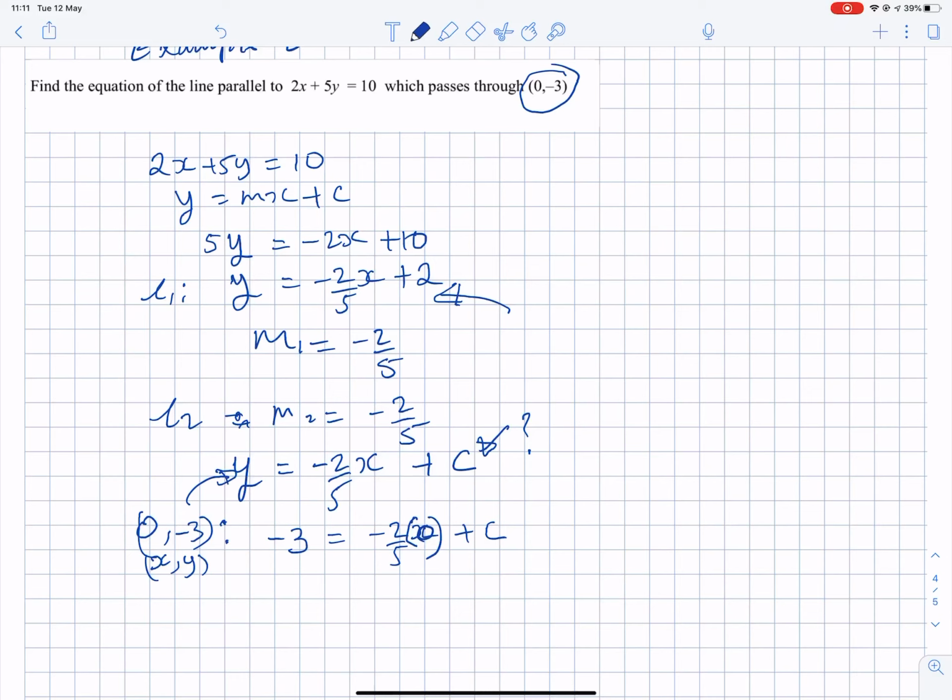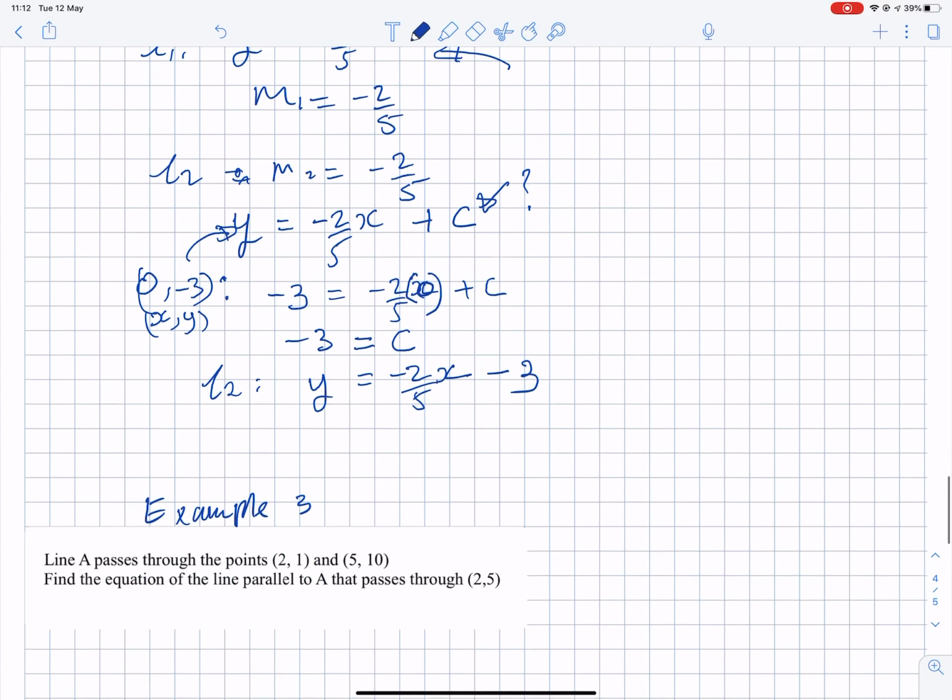So this will give you negative 3 equals, well, negative 2 over 5 times 0 is 0, and that is c. So my y-intercept is negative 3. So L2 then is y equals negative 2 over 5 x minus 3.